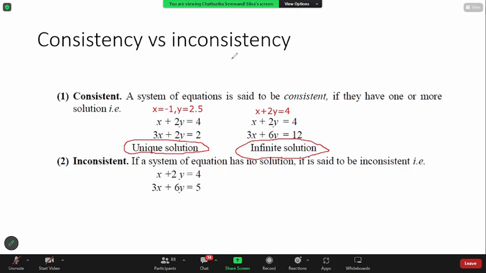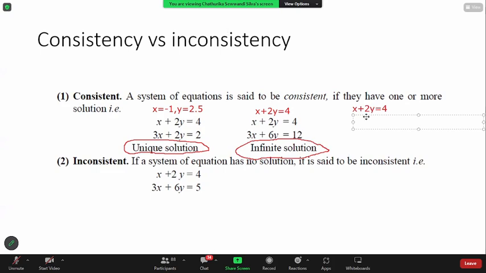Can no one see that there are infinite solutions here? If anyone can see, please explain, either in English or Sinhala, or put a chat message explaining how it happens.